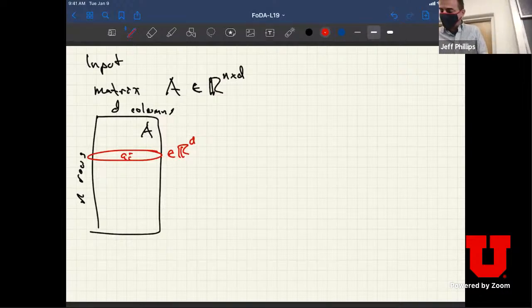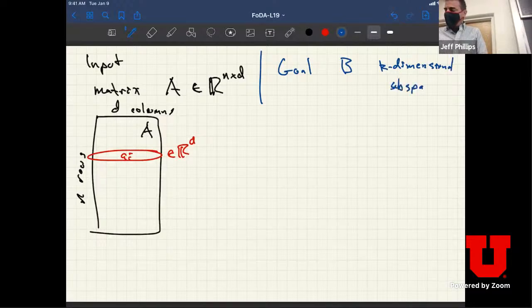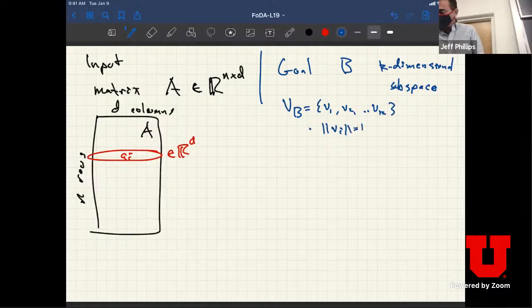All right, so let me try and write this up. Our goal now is a k-dimensional subspace B, and I'm going to represent this by a basis V1, V2 up to Vk. Again, each of these Vi is going to be a unit vector in R^d also.